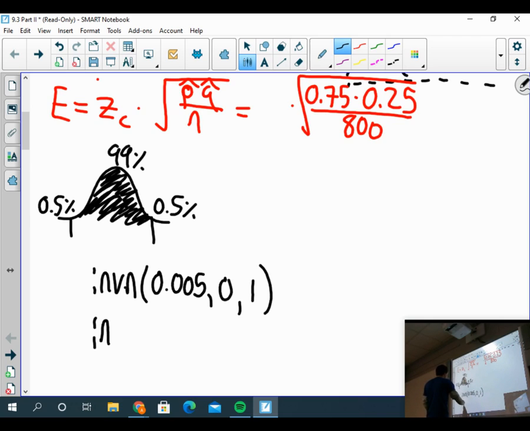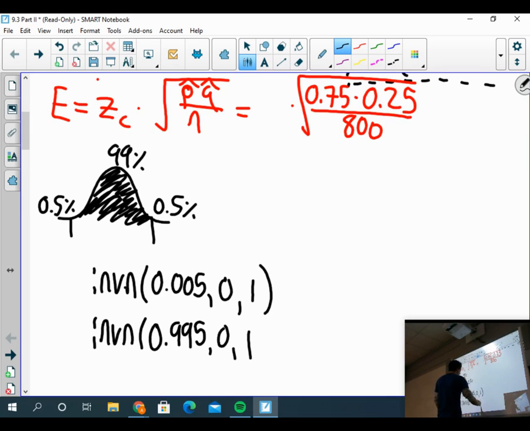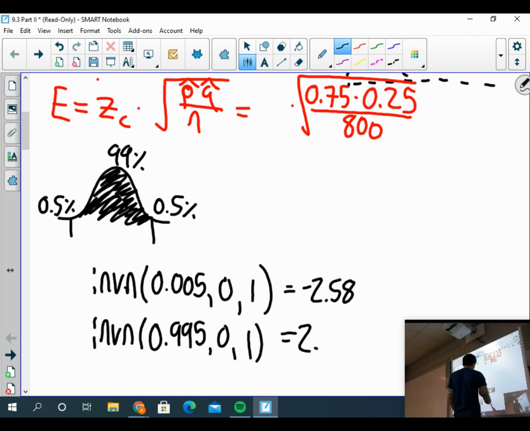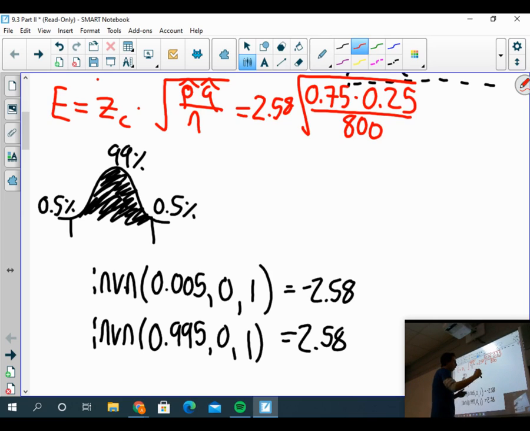And my area left of my second point will be 0.995. When you calculate this out, you get negative 2.58 and 2.58. If the values are the same, you know you did it right, which means my critical value is 2.58. Again, practically, that means you need to go 2.58 standard deviations above and below the mean on any normal curve to contain 99% of the data.